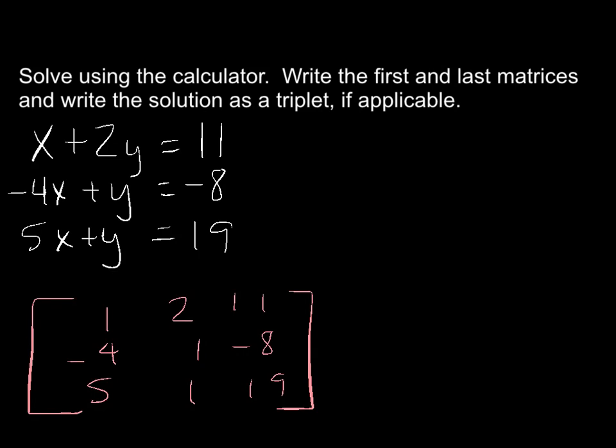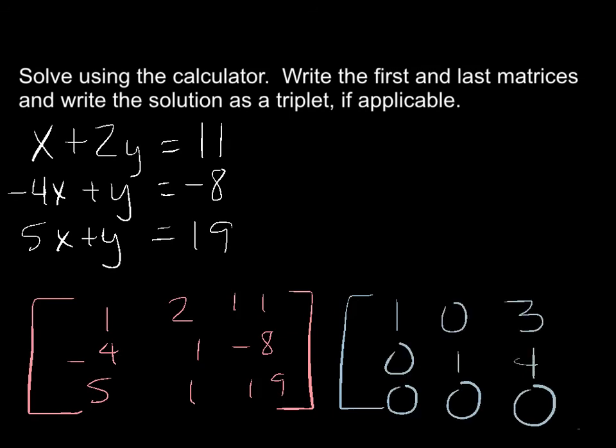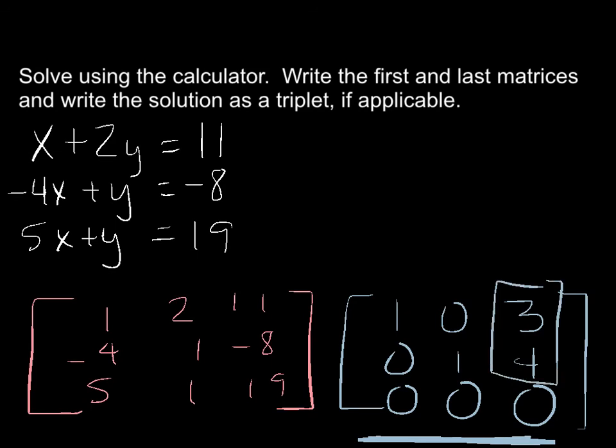Make sure you choose the option for RREF for your reduced row echelon form with all ones and zeros. Then press Enter. Go back to your matrix and choose your matrix that you entered. Now, my last matrix for this system is 1, 0, 3, 0, 1, 4, 0, 0, 0. Since I have that last row of zeros, that's a true statement, so I know I have a solution. And since I only have 2 variables, my solution is 3, 4.